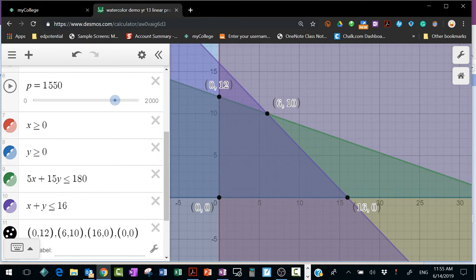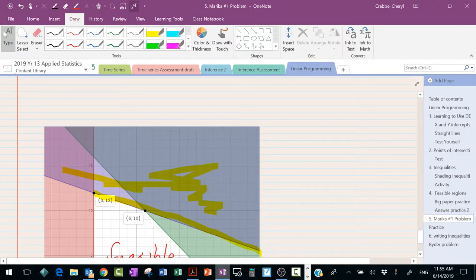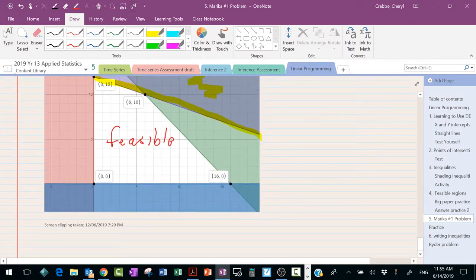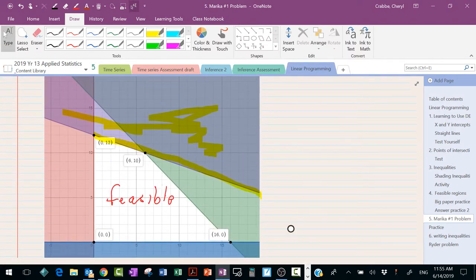Then you identify your vertices within that feasible region on Desmos, and then you go back to your paper and shade away and draw exactly what Desmos has done, so that your feasible region ends up being a blank, unshaded area with your vertices identified.